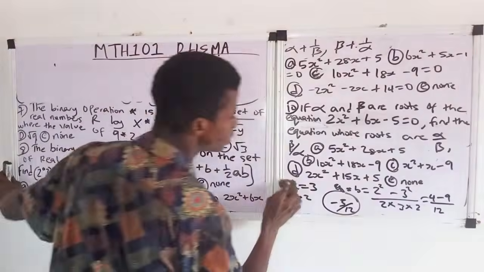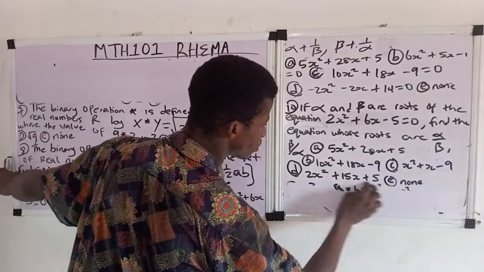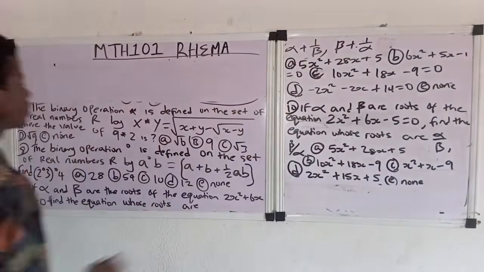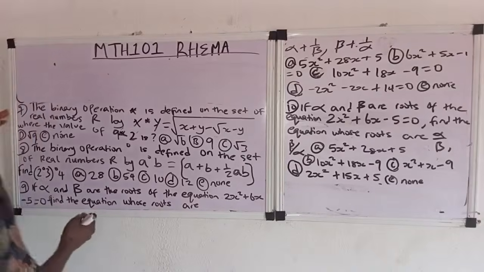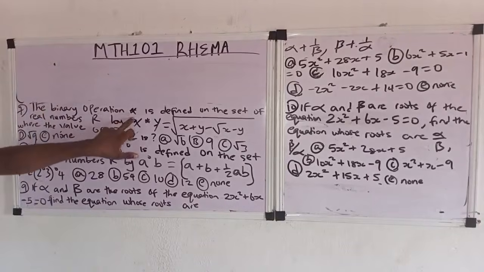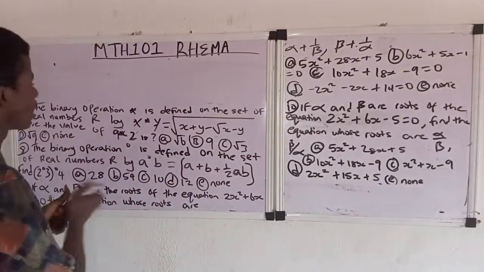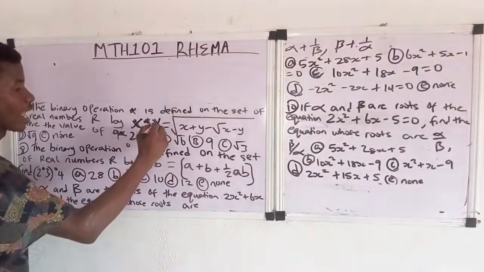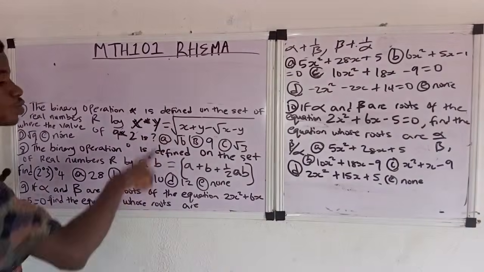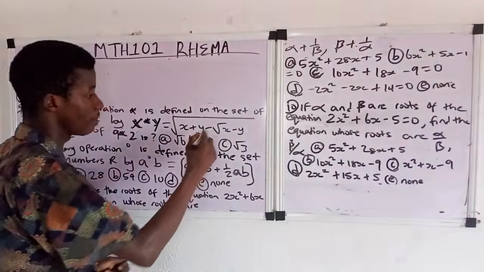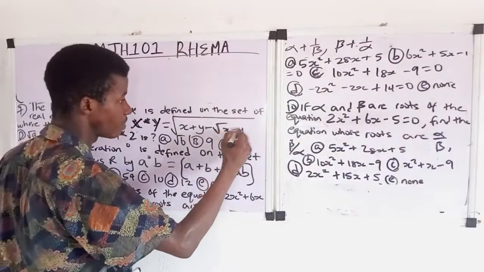So we see this question under binary operation are very easy. Now let's continue with the next question, question 7. They said the binary operation is defined on a set of real numbers by x operation y is equal to root of (x plus y) minus root of (x minus y).